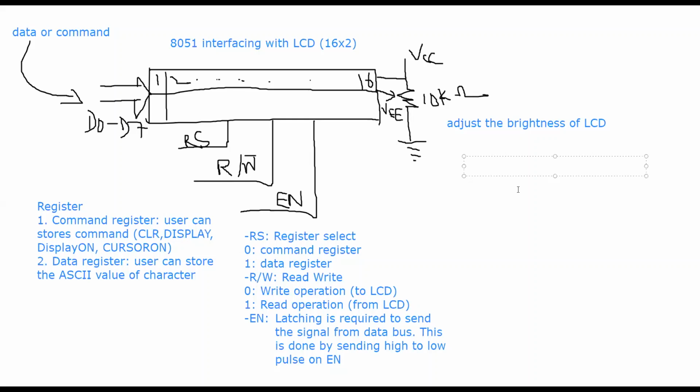First one, select the data or command register. Second is place data or command on the data bus. Third one is select read or write operation.